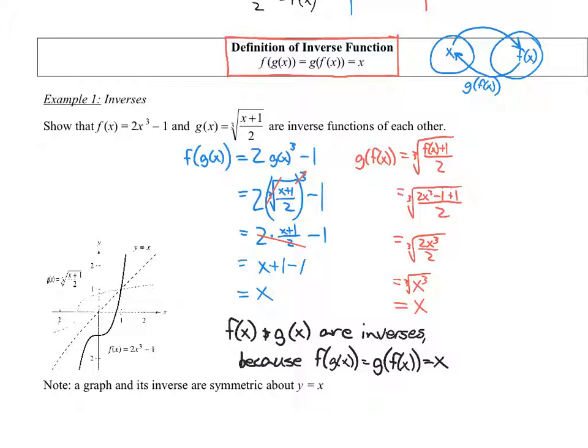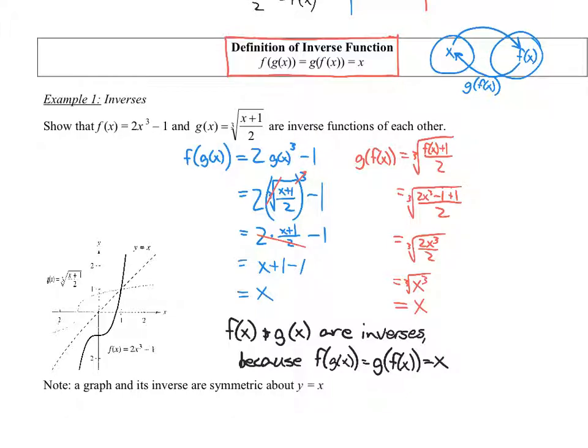Because to reflect something across the line y equals x, you switch the x and y. What this test here tells us is whether when we switch the x and y, we end up with a function again. Because a lot of times if you switch the x and the y, it'll end up failing the vertical line test.